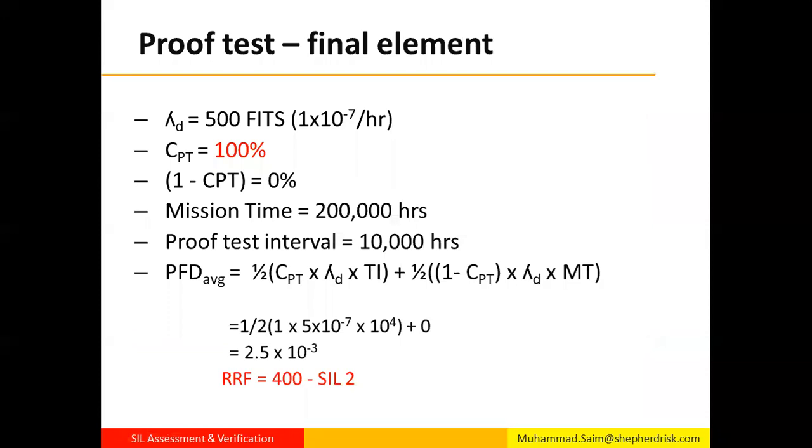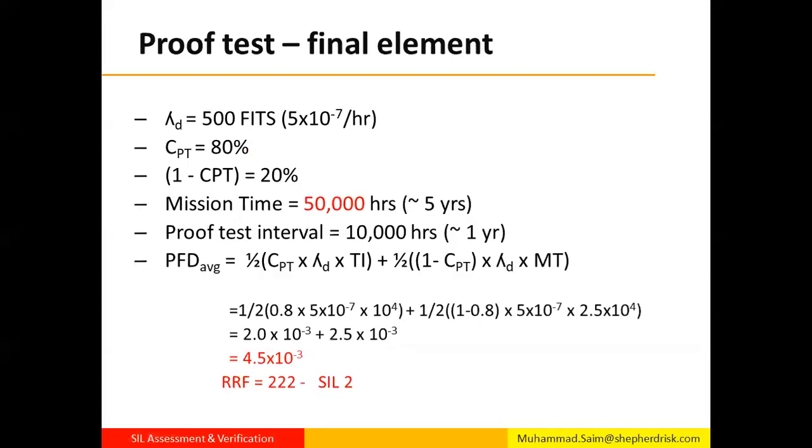So let's go back and see if we can achieve 400 if the CPT is 100%. When we take CPT as 80% and we still want to achieve a risk reduction factor of 400, what do we do? Okay, let's try another number for mission time, and this time instead of 200,000 hours, we take a mission time of 50,000 hours, that is around 5 years.